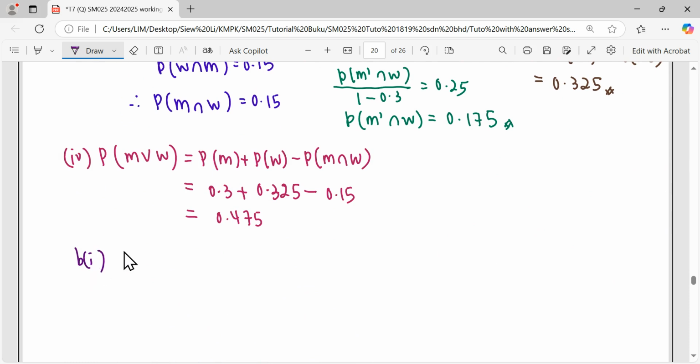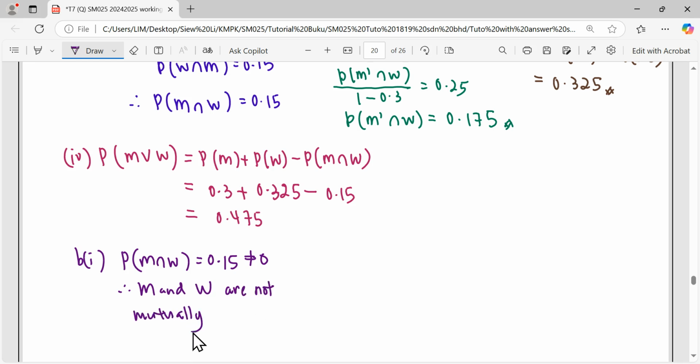We show that using the main characteristic of mutually exclusive events: M intersect W is 0.15, which is not equal to 0. Therefore, we can conclude that M and W are not mutually exclusive.